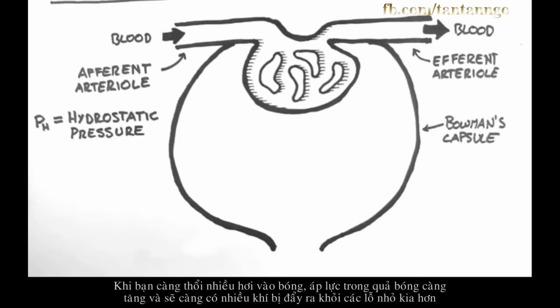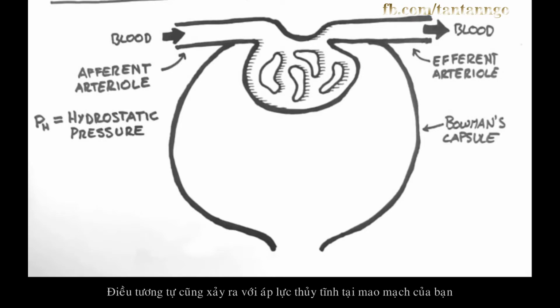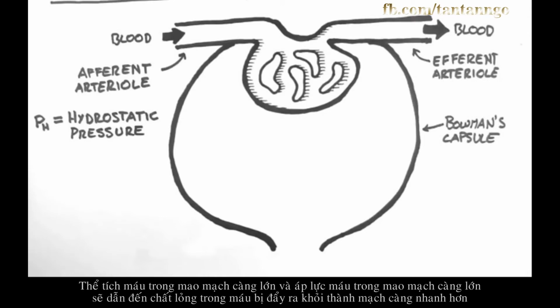As you blow up the balloon, there is more pressure within the balloon, and thus more air will move out of the small hole. The same is true for capillary hydrostatic pressure. The larger the volume of blood within the capillaries, and the higher the blood pressure, the more quickly fluid will move through the capillary walls and into the surrounding tissue.